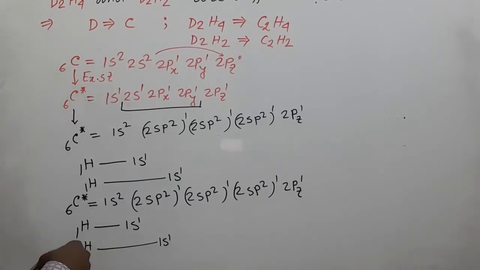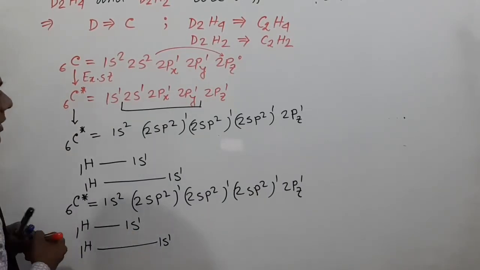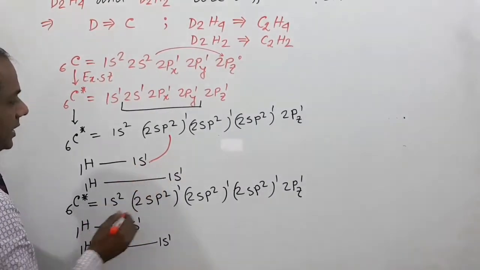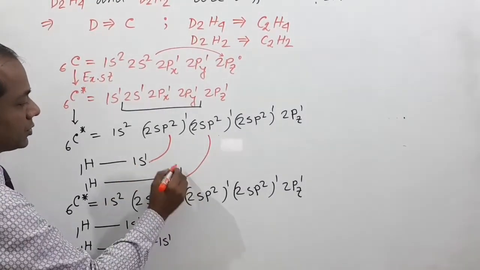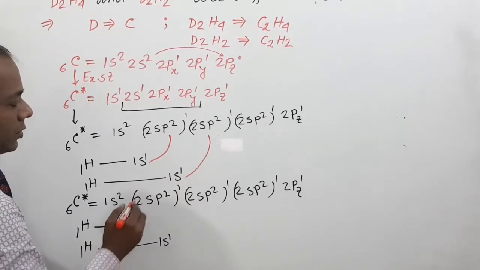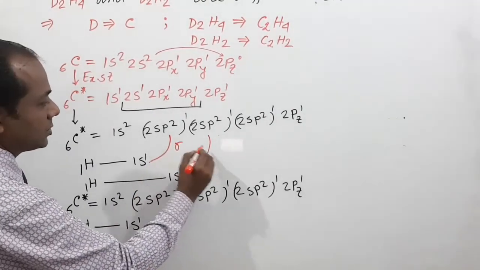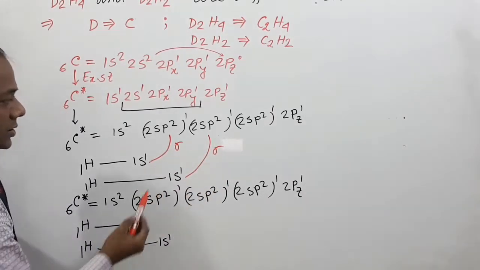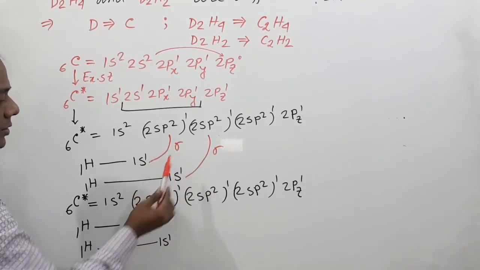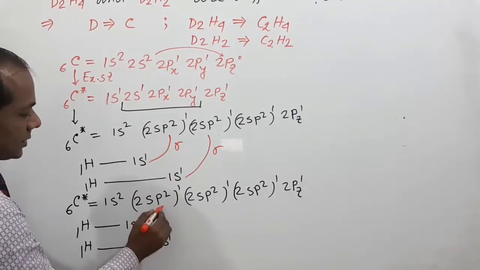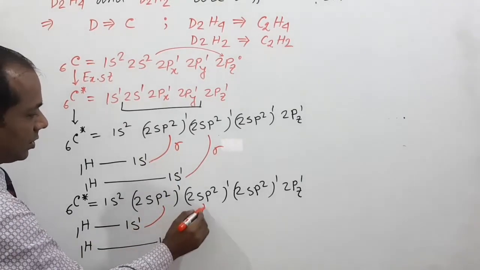Now this sp2 hybrid orbital overlaps the 1s1 orbital of hydrogen. This one also overlaps with the 1s1 orbital of hydrogen, and a sigma bond forms because a hybrid and non-hybrid orbital overlap. This is face-to-face overlap, my dear students, and this is also a sigma bond.